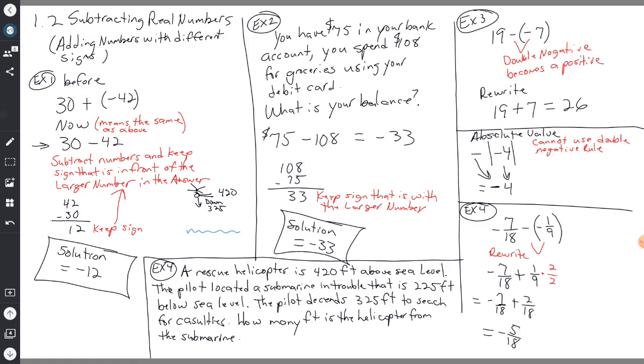And the submarine, that's our submarine, is 225, and since it's below, we'll put a negative in front of it.